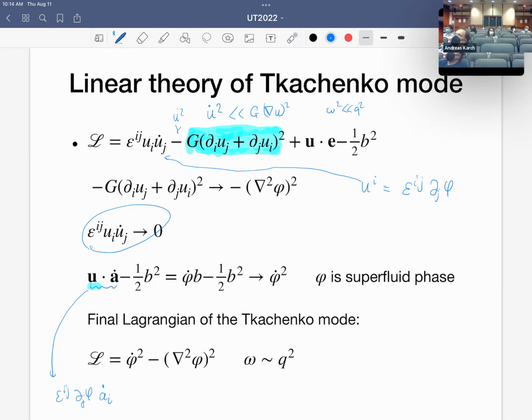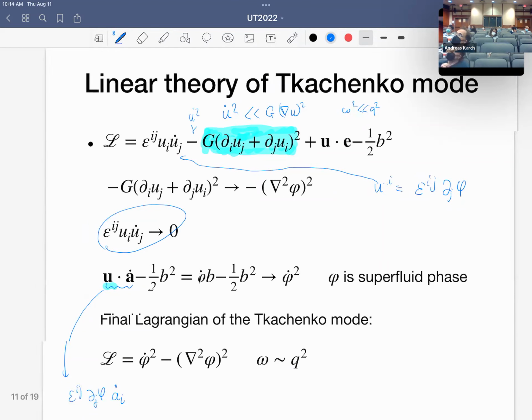Okay, so this is an example of the fact that in this derivation, we did not rely on the Berry phase term, this term here, in any capacity.